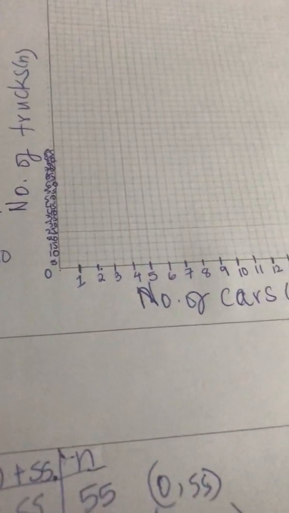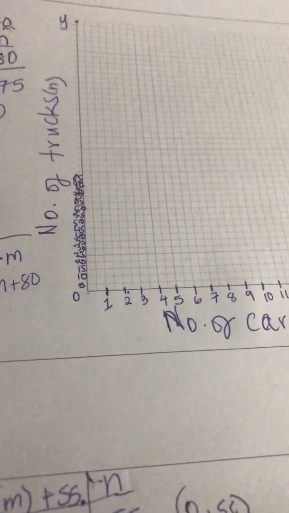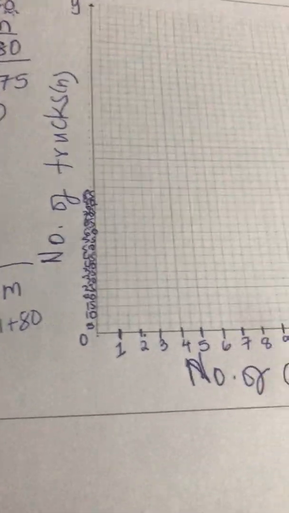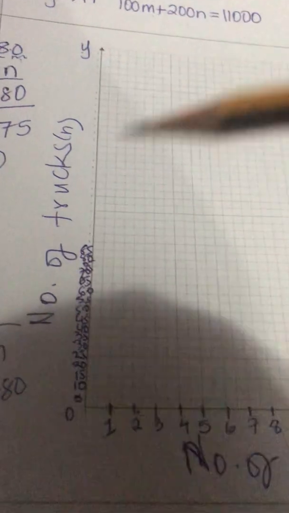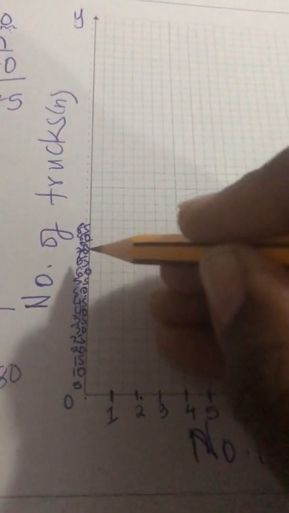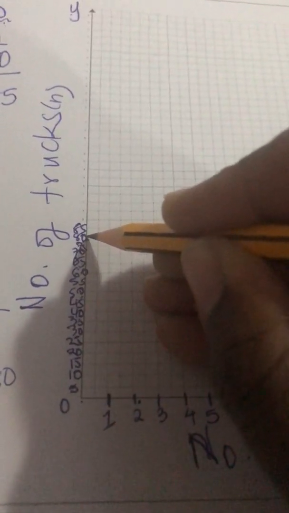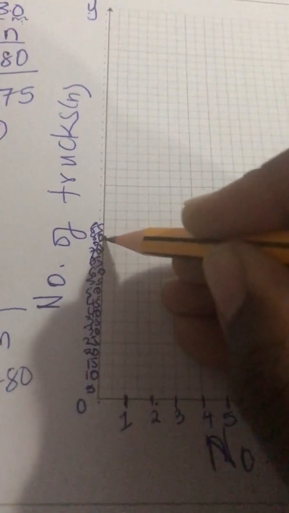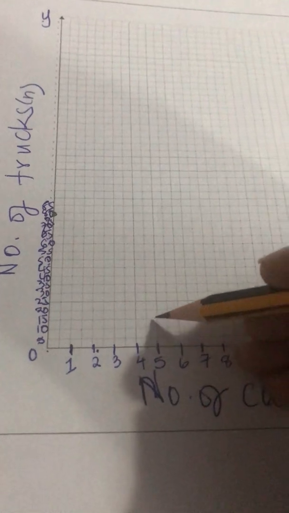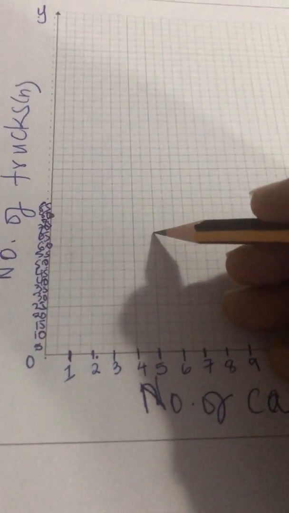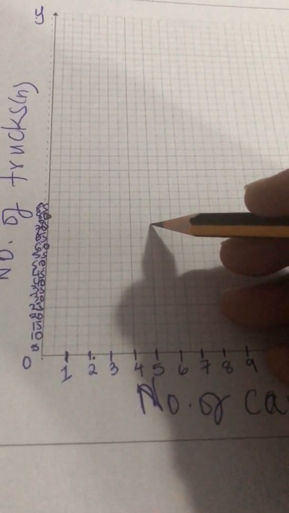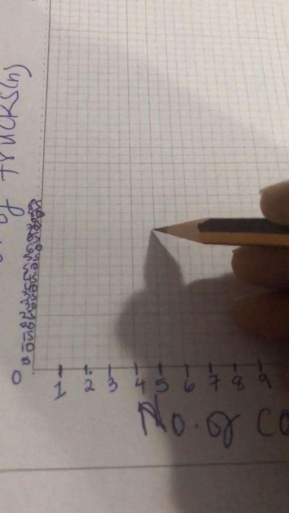Okay? My graph is so squished. Doesn't matter anyway. All right, so now I plot 0, 80. 0, 80 is here. And then 5, 75. 5, 75 is a little bit below 80, right?